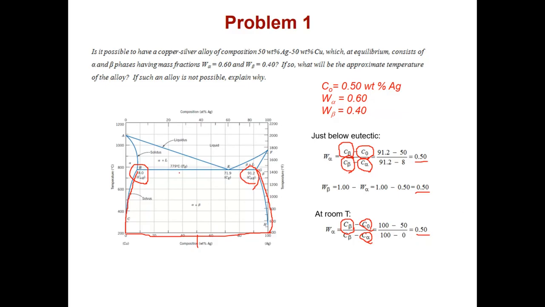So we moved from the top to the bottom of this region, and at both extremities we have 50% alpha and 50% beta. What it means is that never in between can we get 60% of alpha and 40% of beta. All the way from up here to down here, we always had 50% of each of the two phases. So regarding what is asked in the statement of the question, we can say that such a composition is impossible.